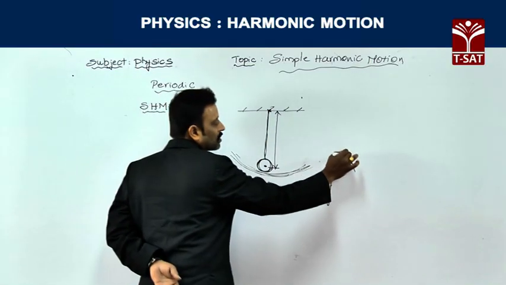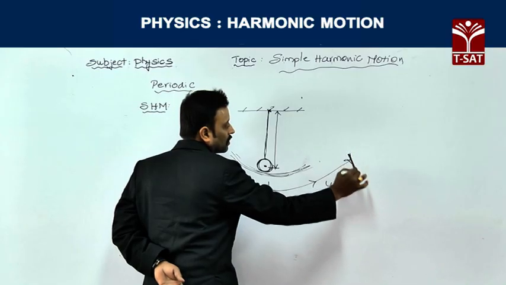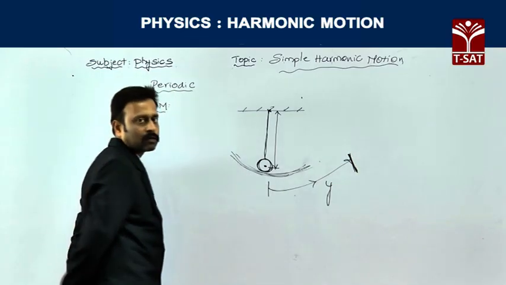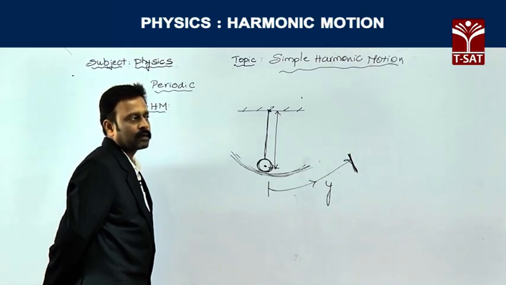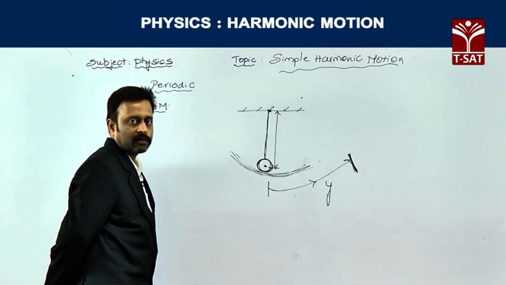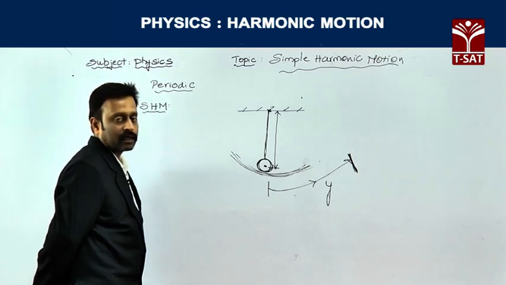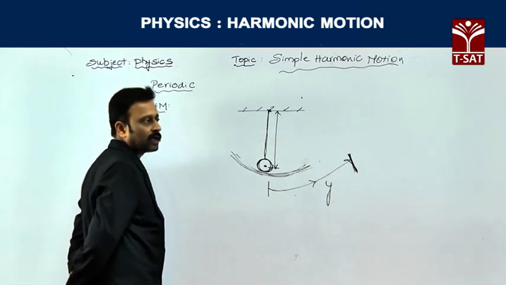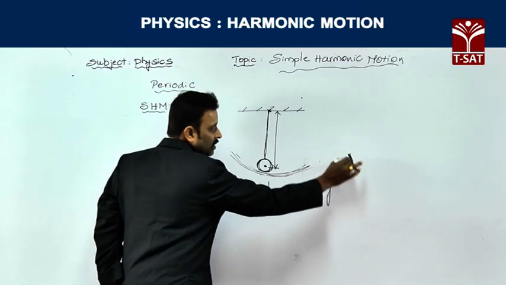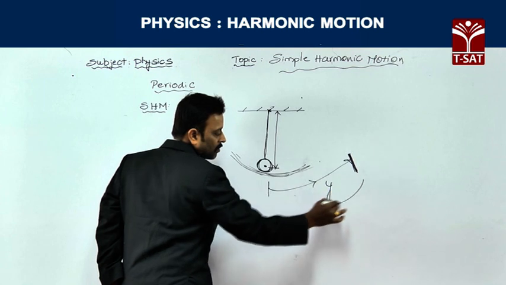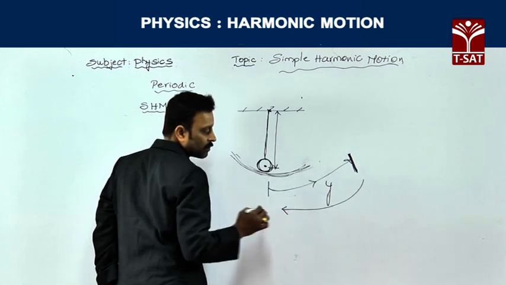After reaching one of the extreme positions, the velocity of the bob becomes equal to 0. As the velocity becomes 0, the bob behaves like a freely falling body. It then tries to move under the influence of gravity towards the mean position.